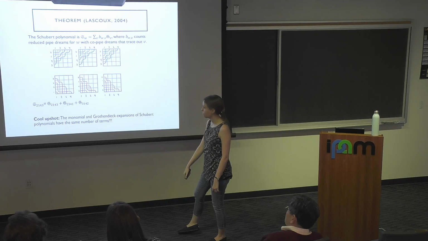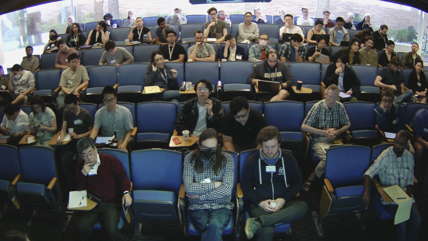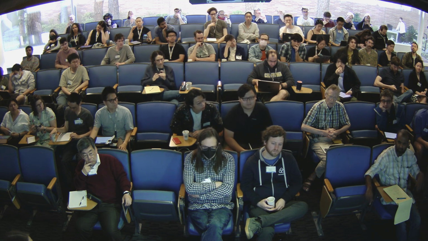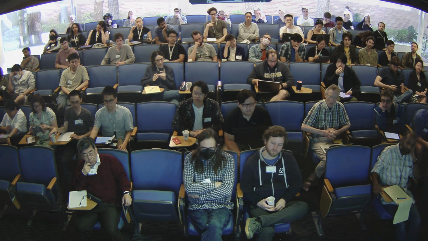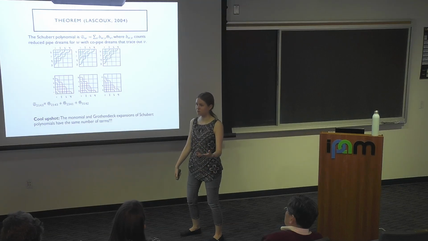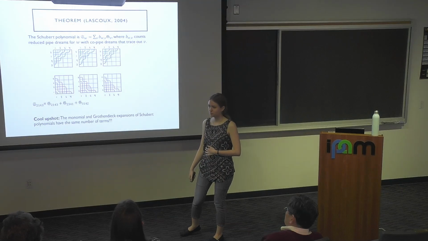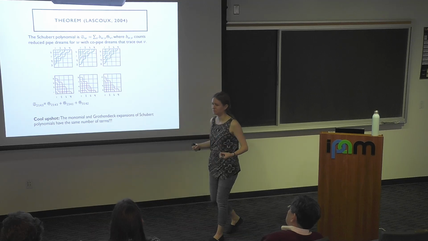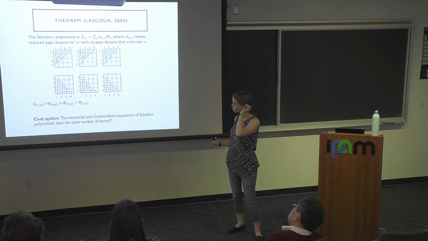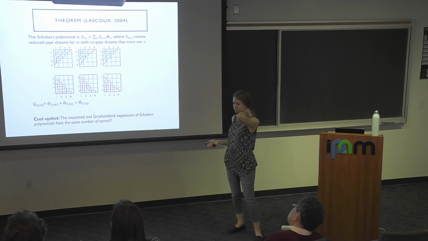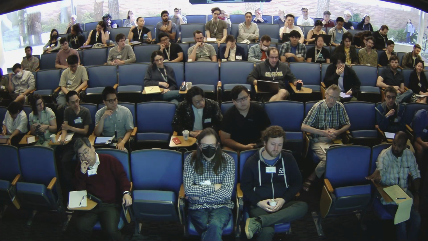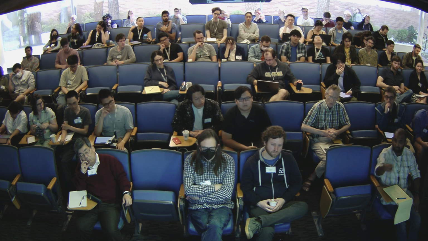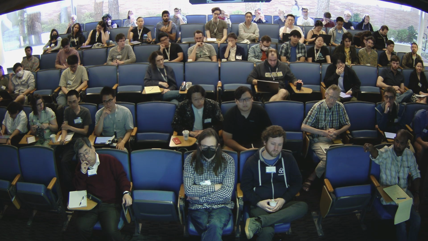I understand that, but what is the cool upshot saying? That they have the same number of terms. Schubert to monomial and Schubert to Grothendieck have the same number of terms, thinking of the Grothendieck as just one unit. But that's what I'm confused by. You're skipping pipe dreams which are not reduced, right? So then there are more monomials that you're skipping.